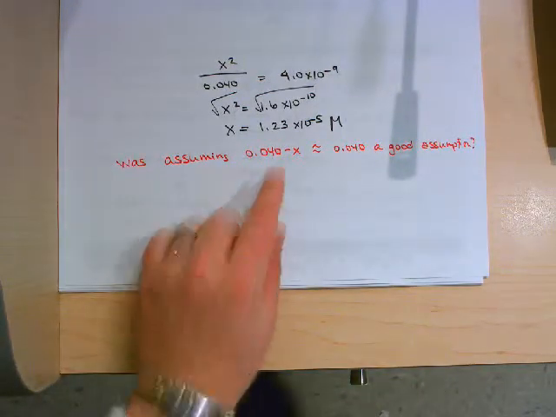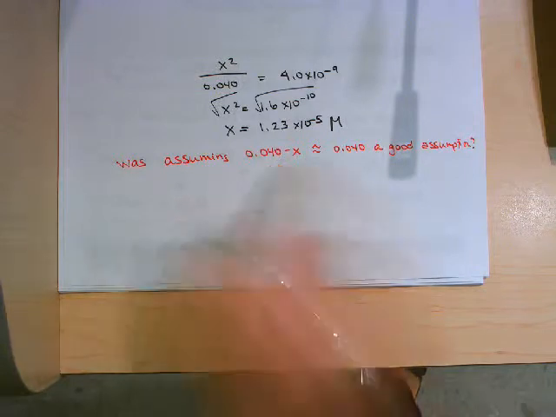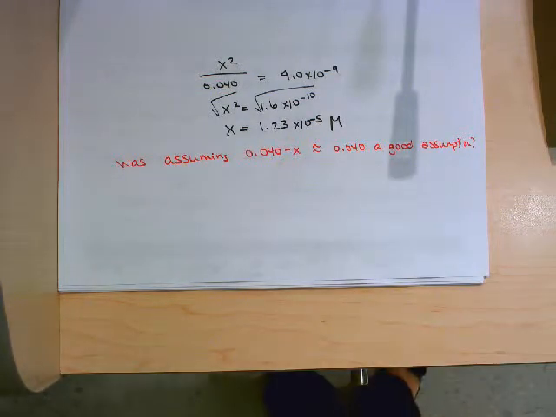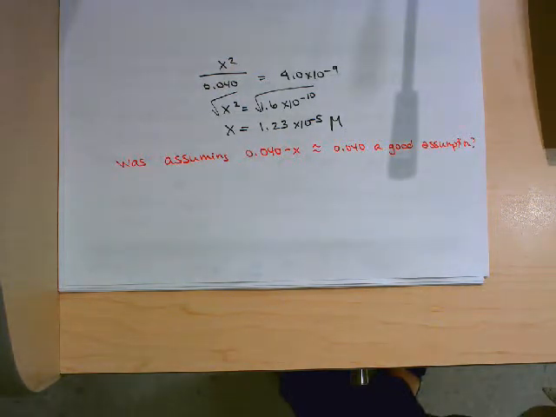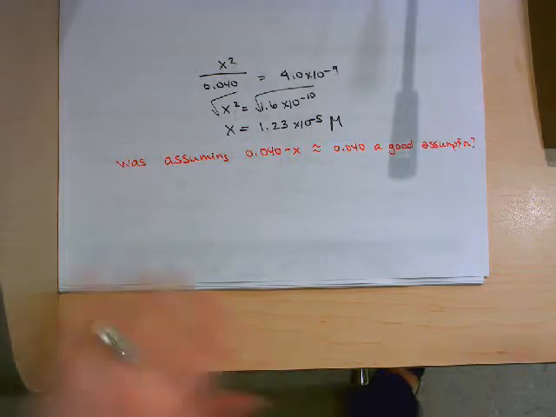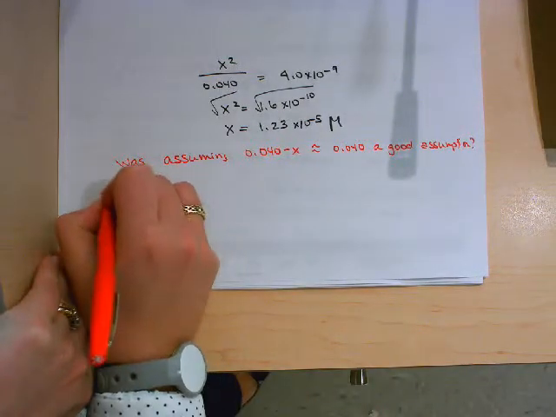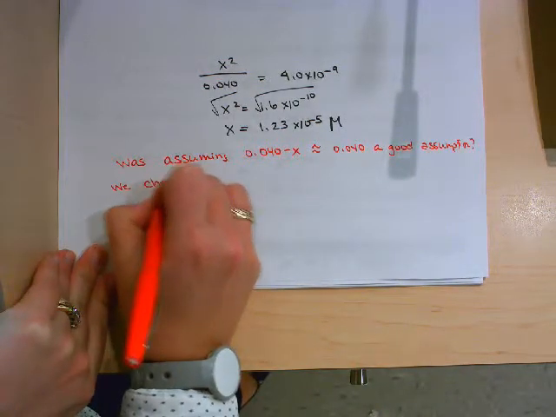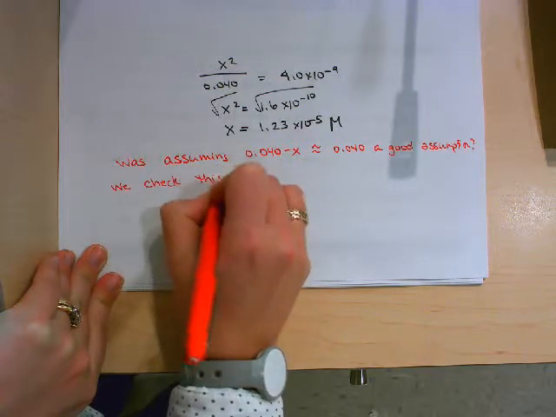So the question is, we made this assumption that the minus x was very small compared to the actual value. We're going to check this assumption using what's called the 5% rule.